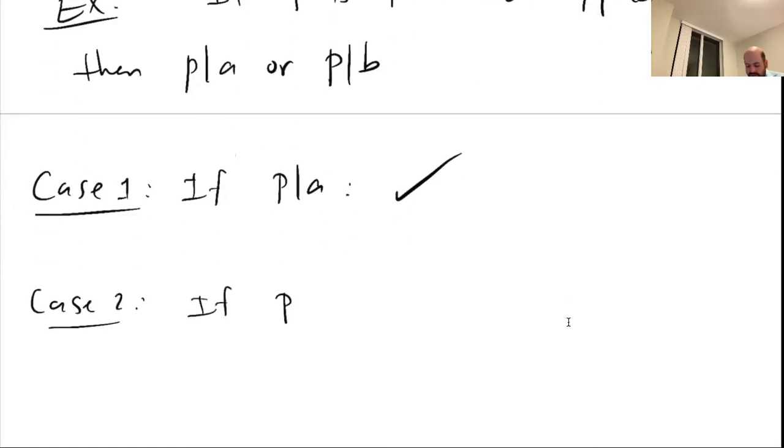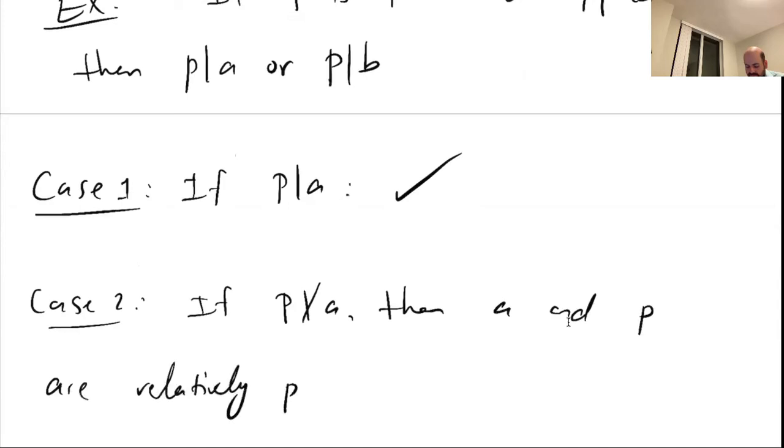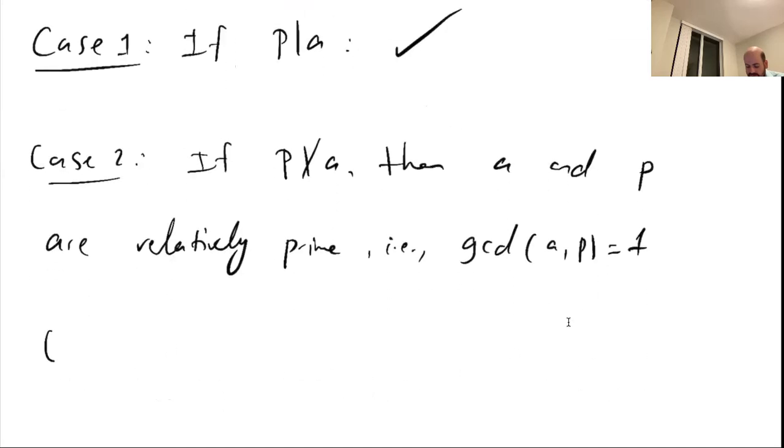if P does not divide A, then A and P are relatively prime, i.e. GCD of A and P is 1. Why is that? We saw this property above.